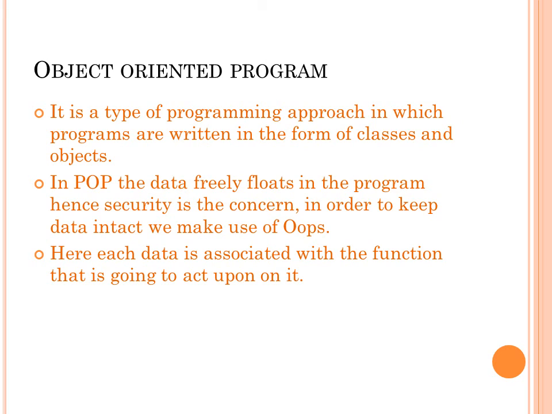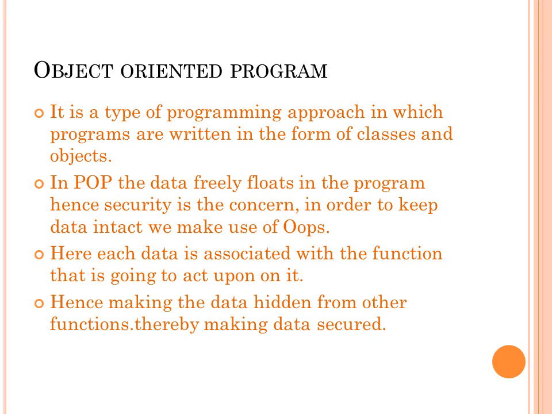And if I have another function like sum, which is a function of another class, it is not allowed to directly act upon x and y unless some authentication is done, or there is specified authorization of the variables. That is the meaning of intactness. So a function is intact with the data it is going to act upon, and data is not freely floating, and hence it will be hidden from other functions. So it is available only to the functions of the class, whereas it is not available to the functions of other classes.